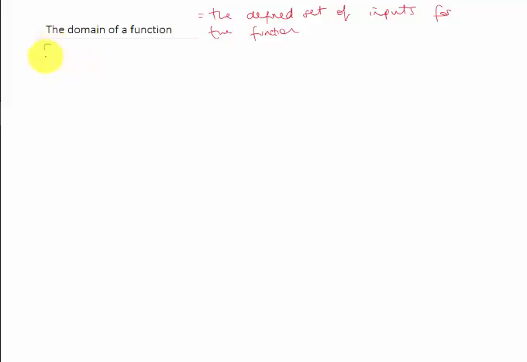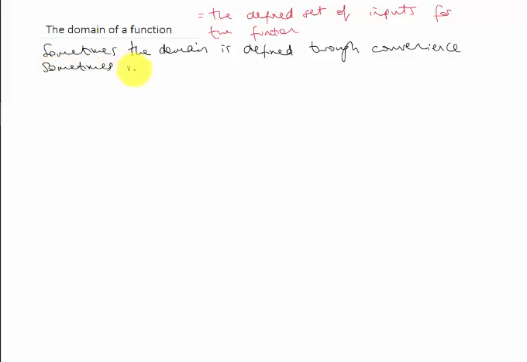So sometimes the domain is defined through convenience only, just because we're only interested in a certain subset of inputs, but sometimes it's necessary to get valid outputs. So you might need to think about that.